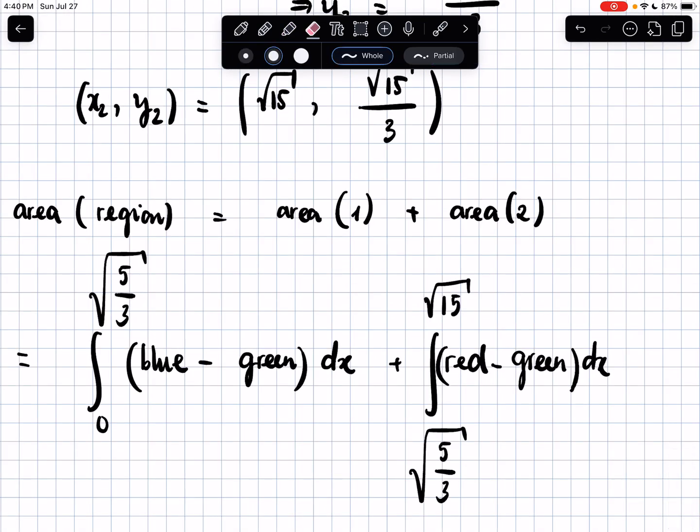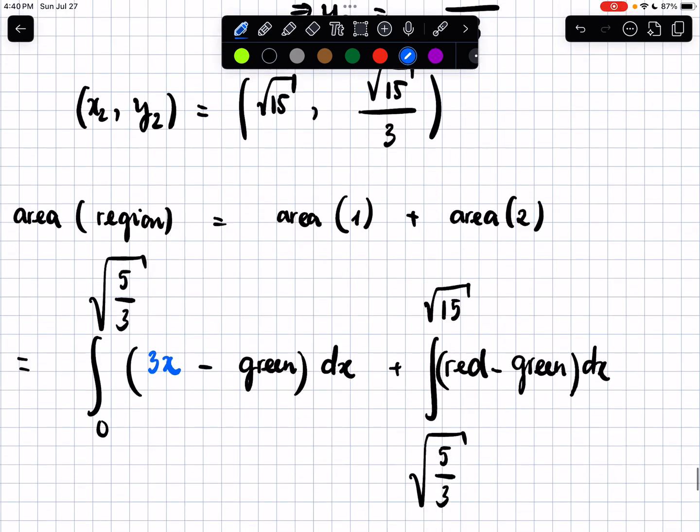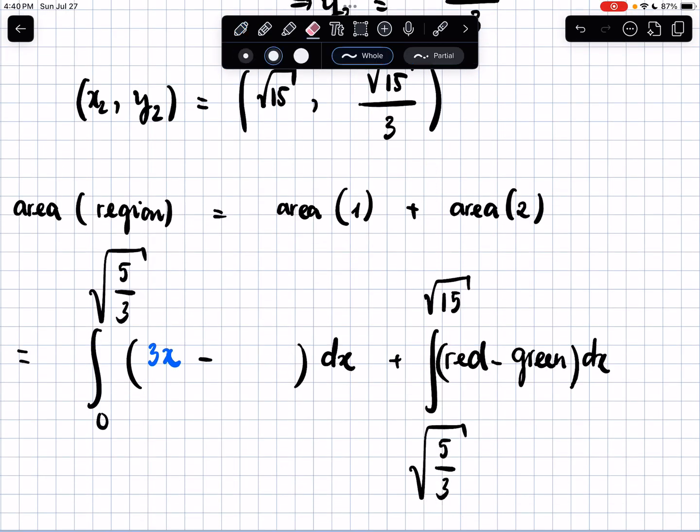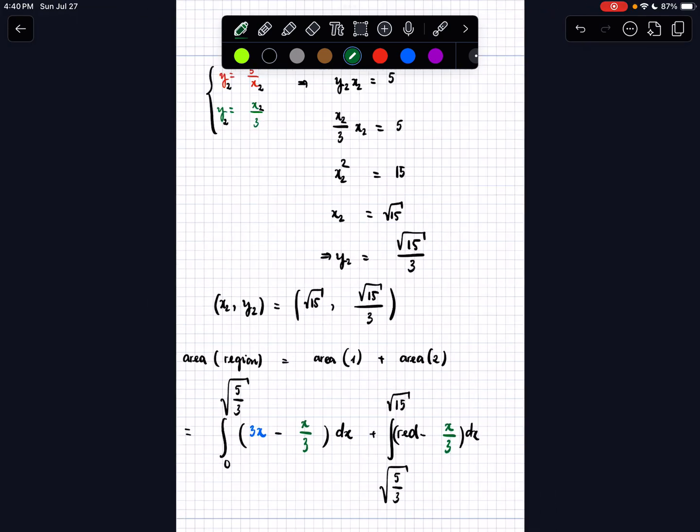The green curve is x divided by 3. The red curve is 5 divided by x.